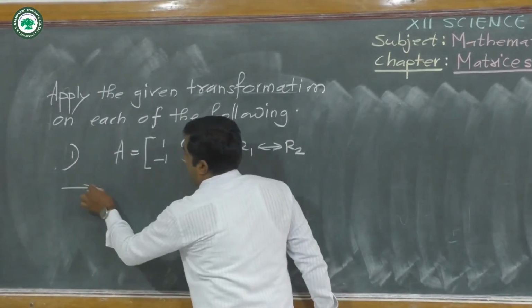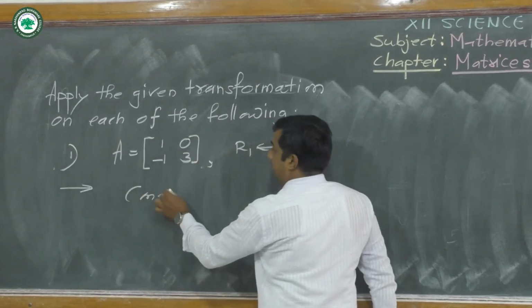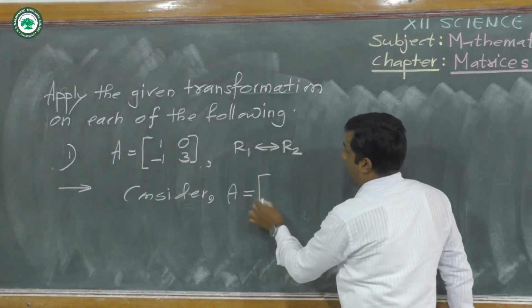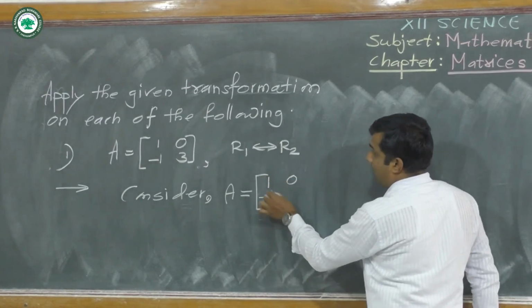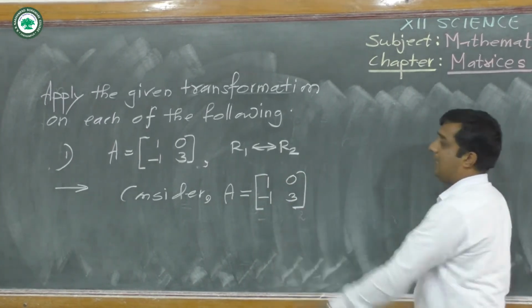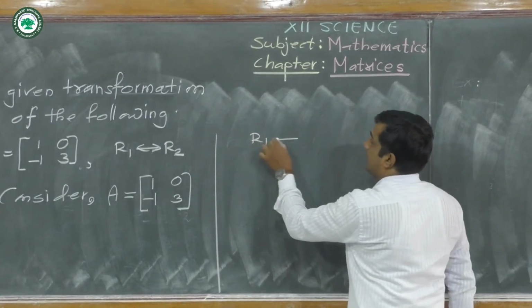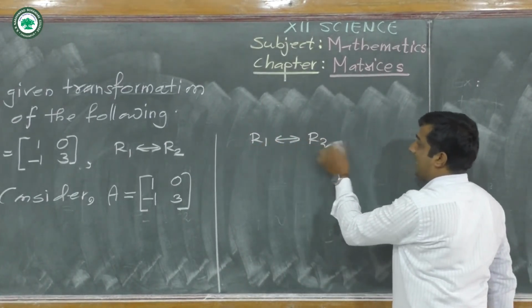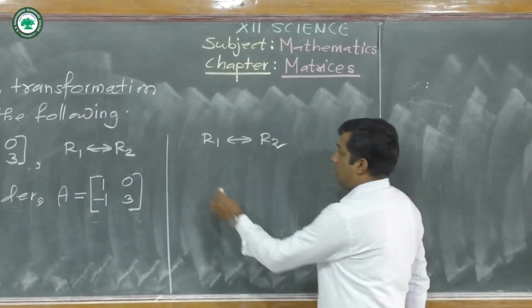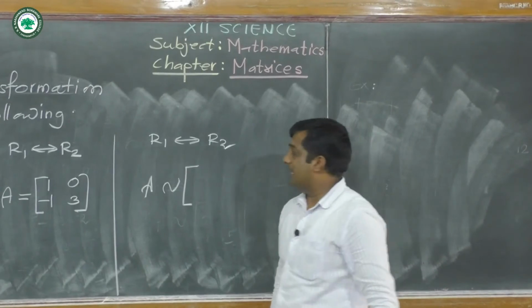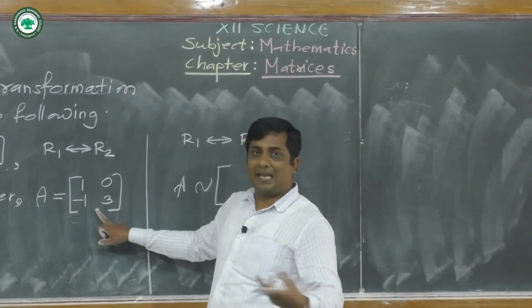Consider the given matrix again. Consider A matrix equal to 1 0 in the first row and minus 1 3 in the second row. We have to perform the transformation row first interchange with row second. Okay, so our new equivalent matrix is having, now we replace our first row by using the second row.